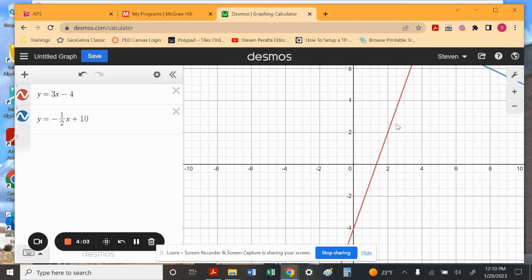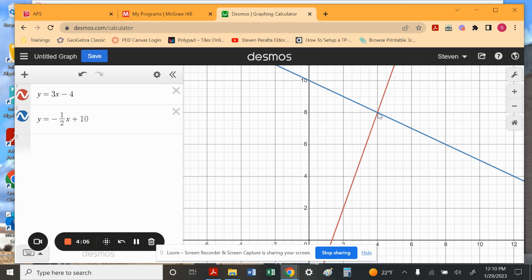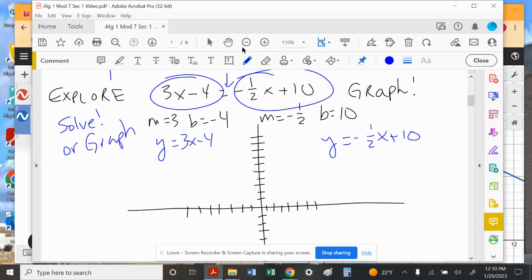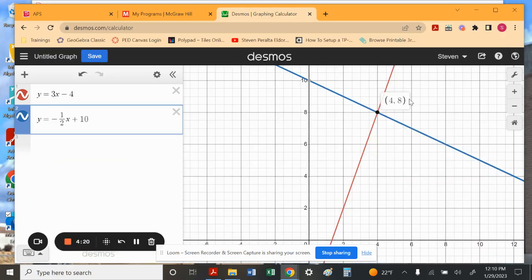And then what we do is we look at where they cross. We notice that they cross right here. Of course, we're looking for the x value because that's what we're looking for in the original problem. You can see that this equation only has x's in it, so we're solving for x.